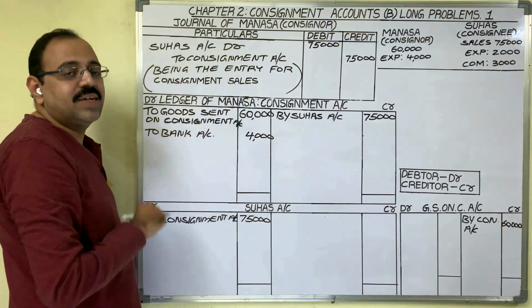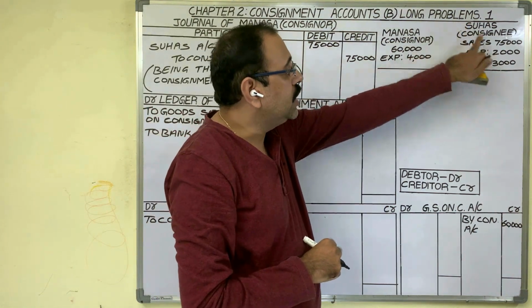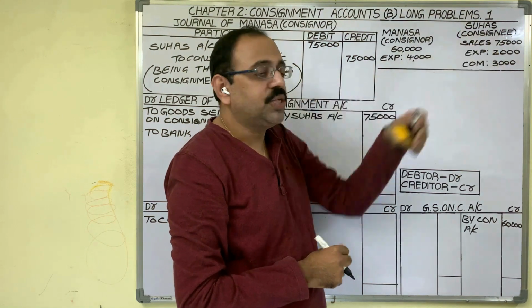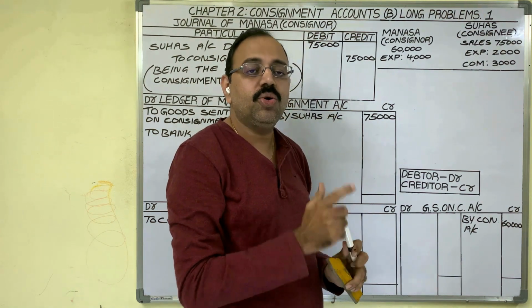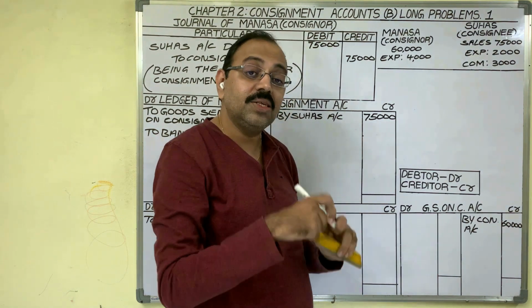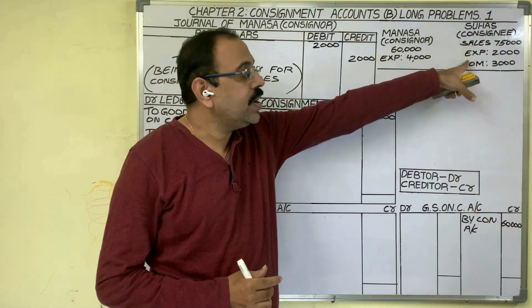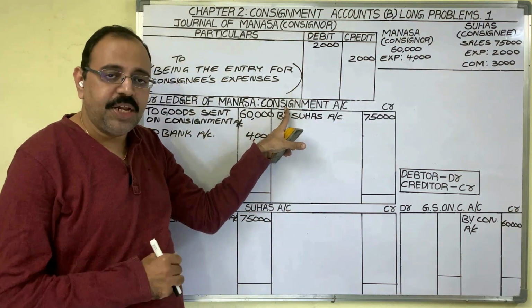Now come to next transaction. Next transaction is Suhas incurred 2,000 rupees expenditure to sell these goods. For consignee expenses, we should write the journal entry in consignor books. Expenditure may be paid by consignor or consignee, but for consignment business that is expenditure.